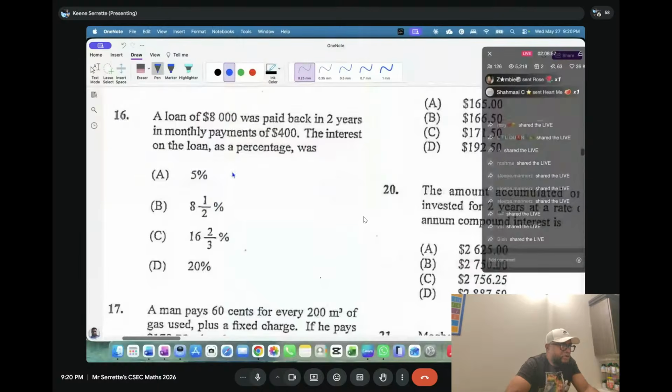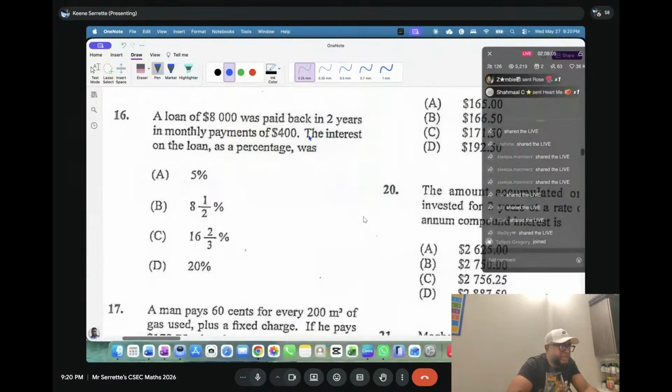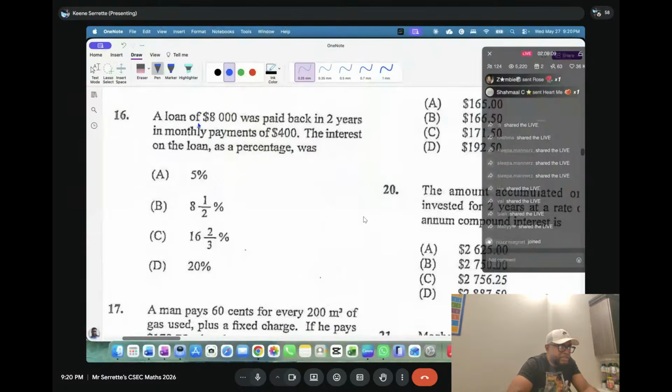A loan of $8,000 was paid back in 2 years. The monthly payments were $400. The interest on the loan as a percentage was what? So you pay back over 2 years. How many months do we have in 2 years? 24. So 24 multiplied by 400 will be how much?